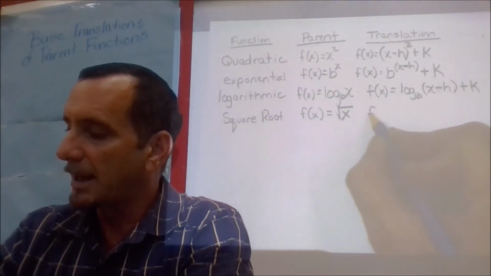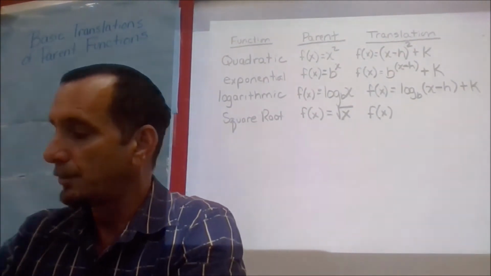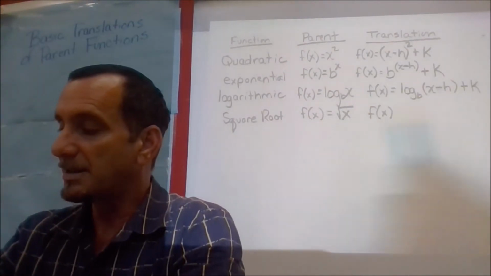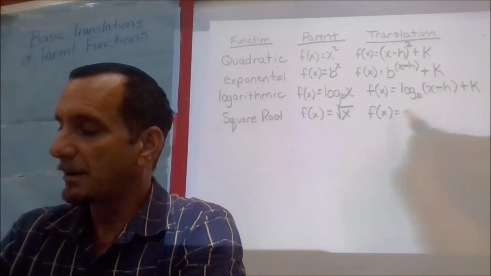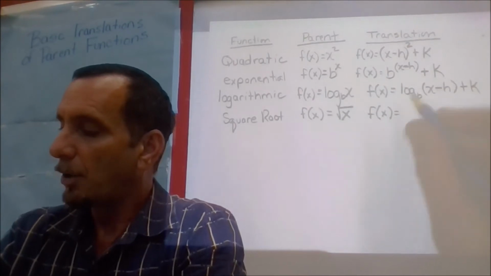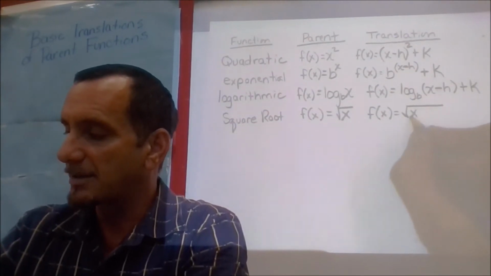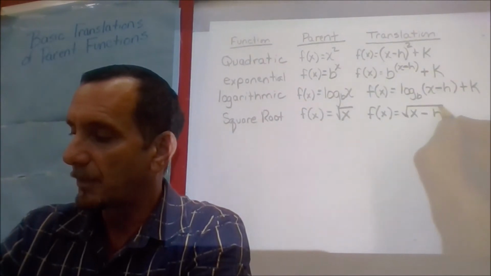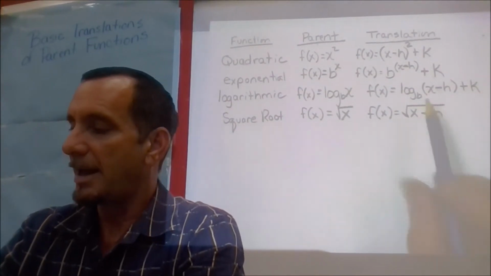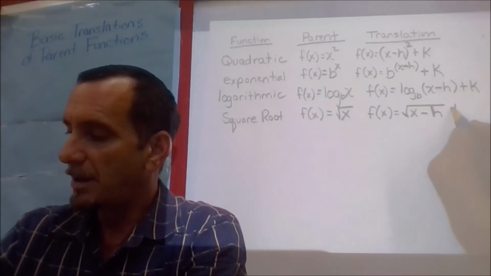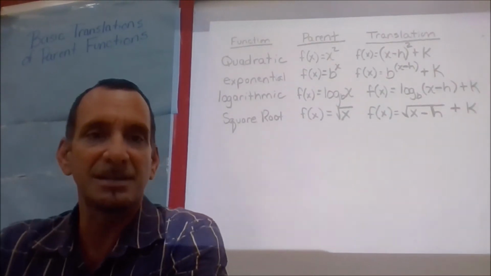Now, if you were working out a pattern on how to translate this function using the same rules, we're going to keep the h with the x under the radical. x minus h, and then off to the side we've got a plus k.